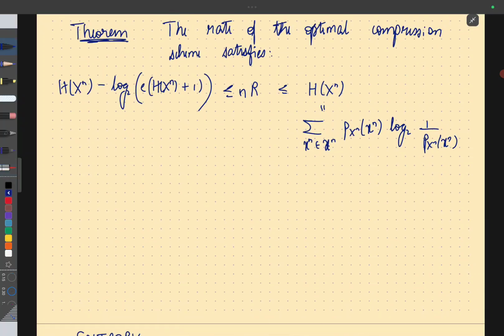So what we will be interested in most of this course is what happens when n is very large. So you have a source sequence of sufficiently long length, or in other words, you're trying to compress files that are suitably large. In that case, what happens to the rate?